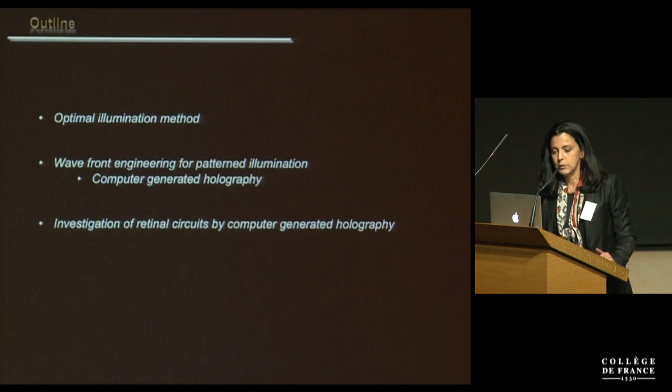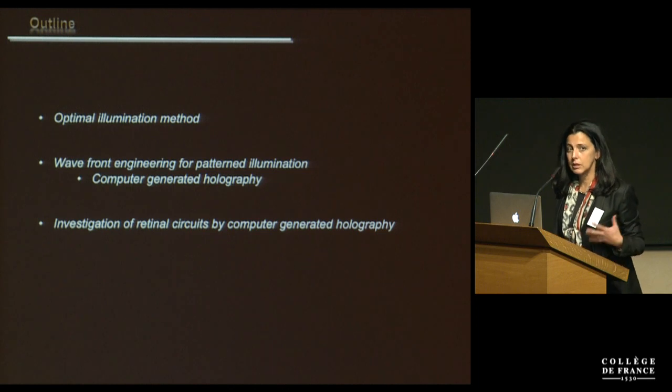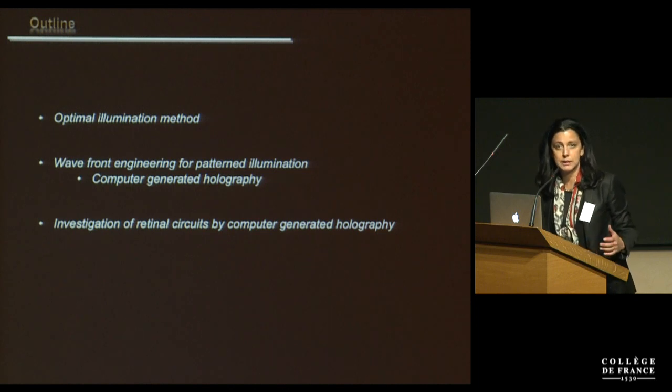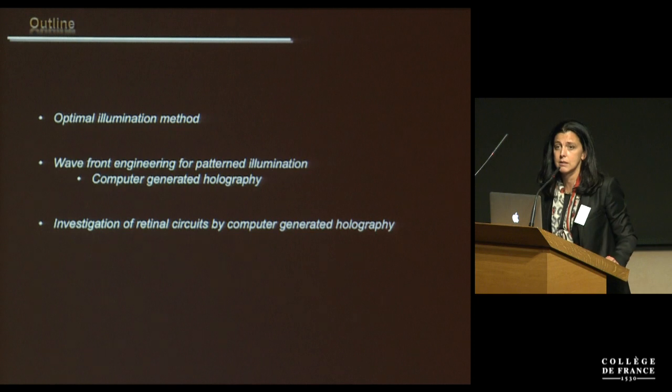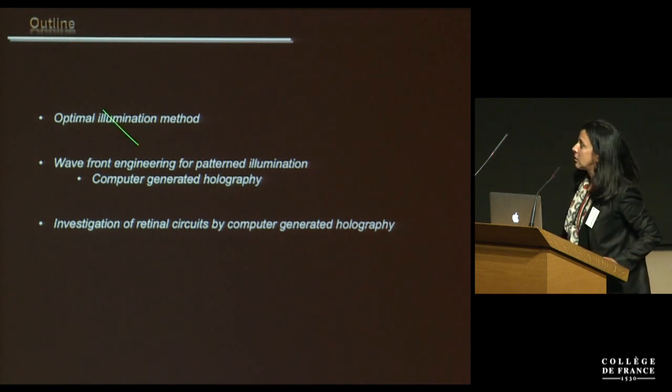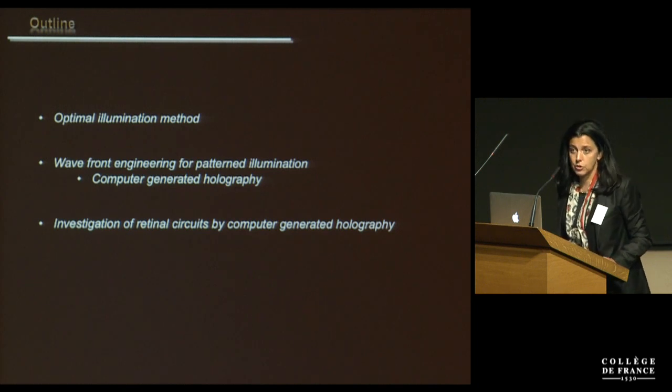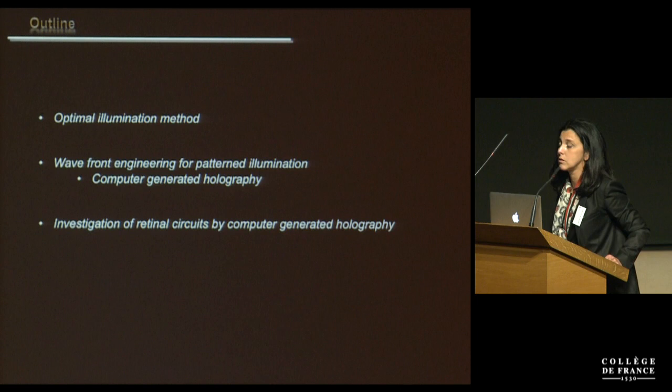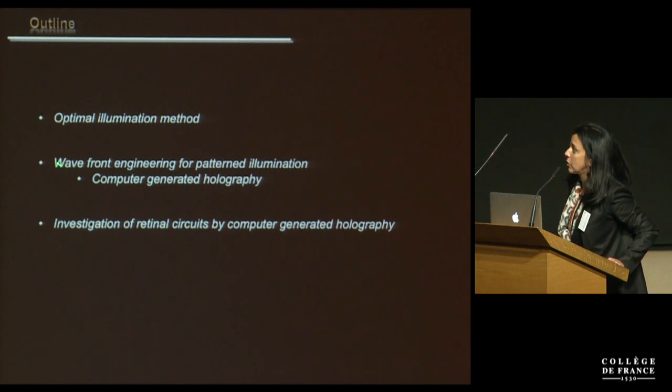So in my lab, as we are a lab mainly of physicists, the question is, given this large possibility of fantastic tools we can use in optogenetics, is there an optical way of illuminating them? We are particularly investigating a number of optical approaches that try to answer this question, which are based on the idea of engineering the optical wavefront.